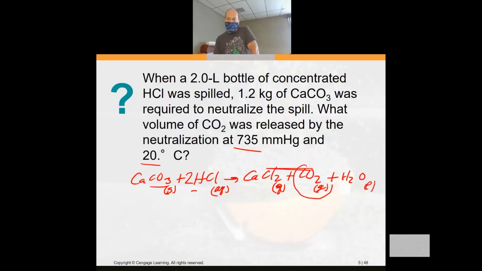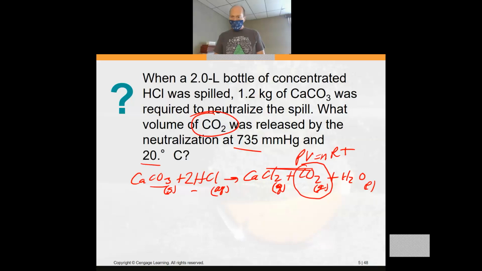The only gas that we have for PV equals nRT is CO2. So when we have this balanced chemical reaction, everything is 1 to 1.